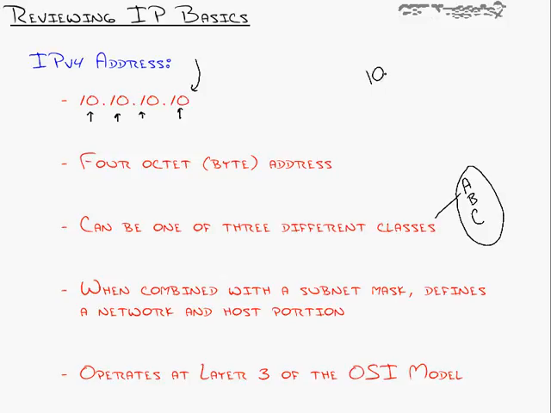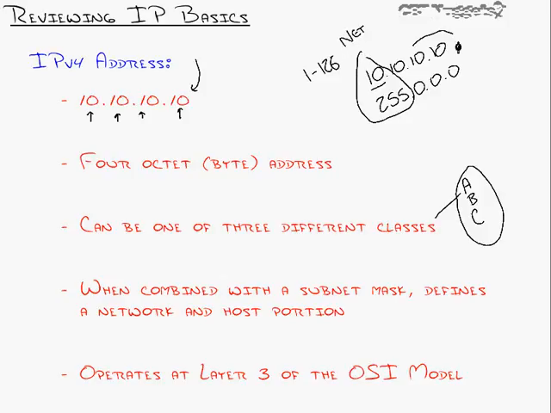So for example, if I had 10.10.10.10, and by default this is a class A address because the first number falls between 1 to 126, I know that by default it has a subnet mask of 255.0.0.0. So that tells me that this first 10 represents the network this host is on, and these last 3 10s represent the host that it is on that network.